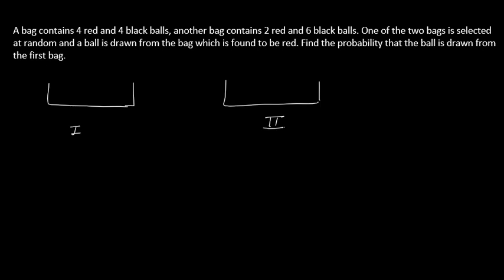Now, in bag 1, 4 red balls and 4 black balls, and in bag 2, 2 red balls and 6 black balls. One of the 2 bags is selected at random, okay, and a ball is drawn from the bag which is found to be red. Find the probability that the ball is drawn from the first bag.